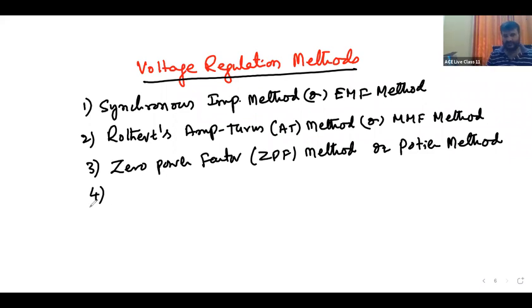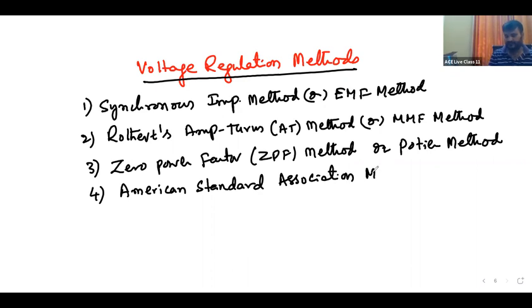The fourth one is the ASA method, American Standard Association method. These are the 4 voltage regulation methods.